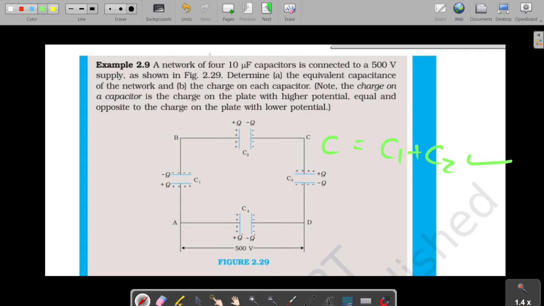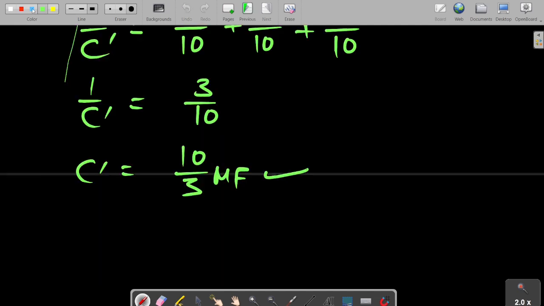Now we will proceed further. Here we have two capacitors: the equivalent capacitance of C1, C2 and C3, and it is in parallel with C4.